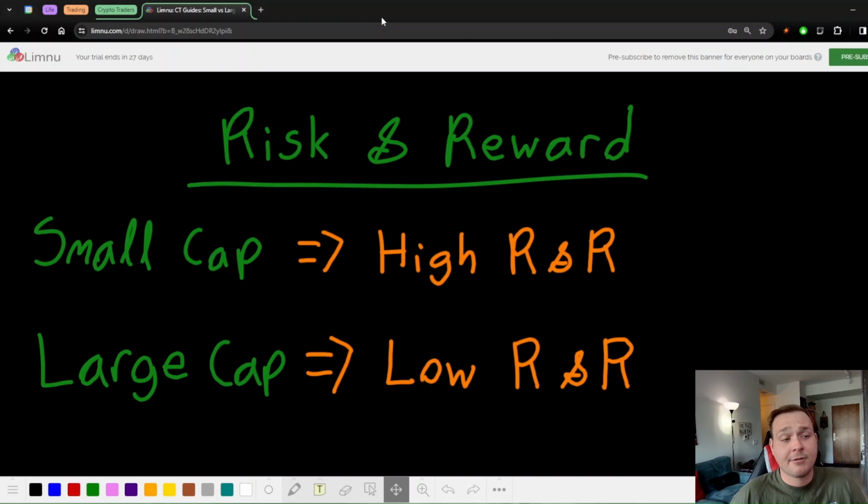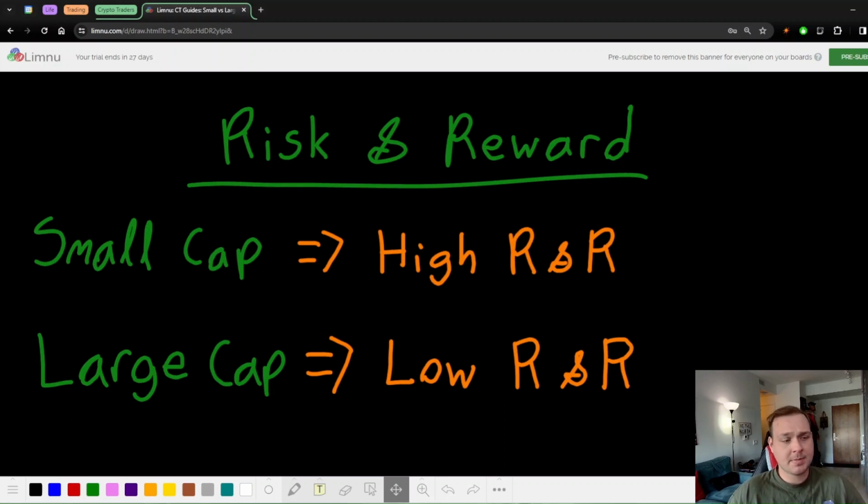Be it lack of funding, no traction in the market, or in bad cases even fraud. Now, trading large cap tokens is generally considered less risky due to their established status, wider adoption, and higher liquidity. However, the potential for significant gains can be lower compared to the small cap tokens.